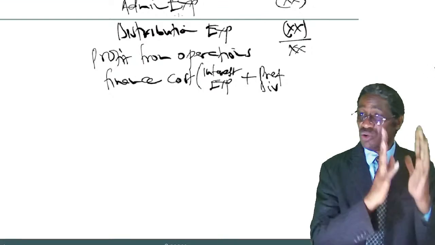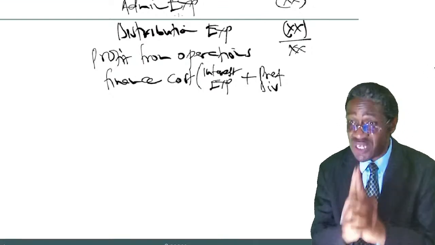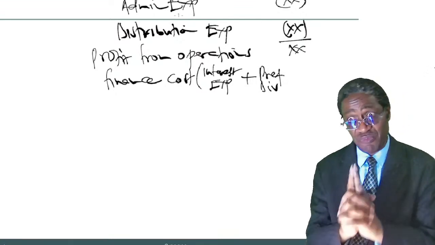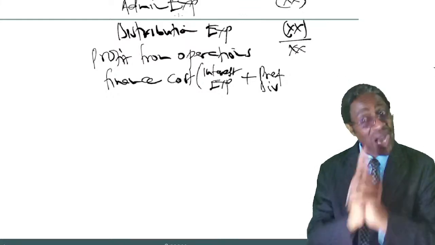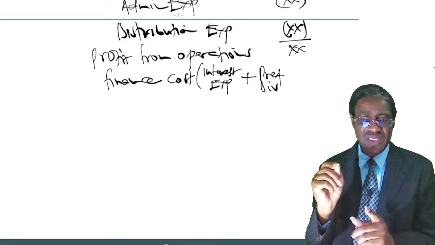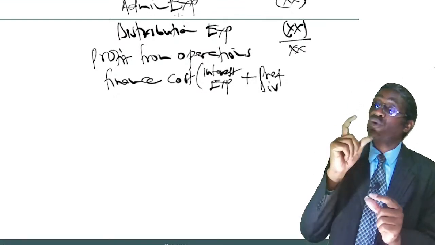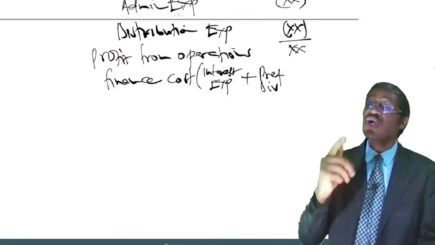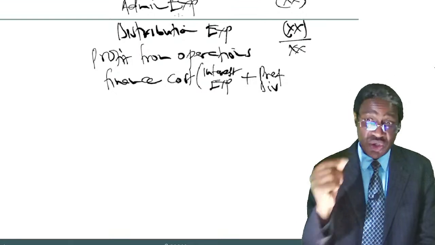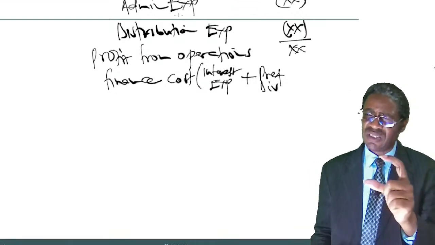Dividends, whether on ordinary or on preference, are normally an appropriation of profit. In other words, they are paid out of profits. But there is one type of dividend which we normally don't consider as an appropriation of profit, but we consider it as a finance cost. The question is this: which kind of dividend is this?